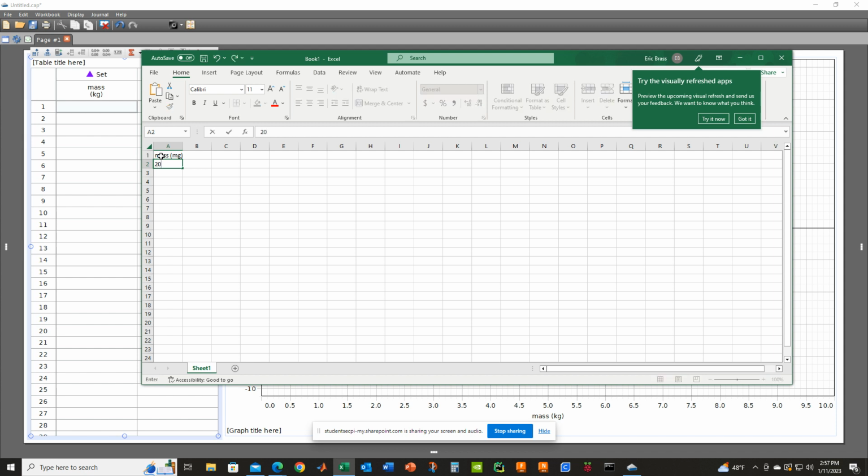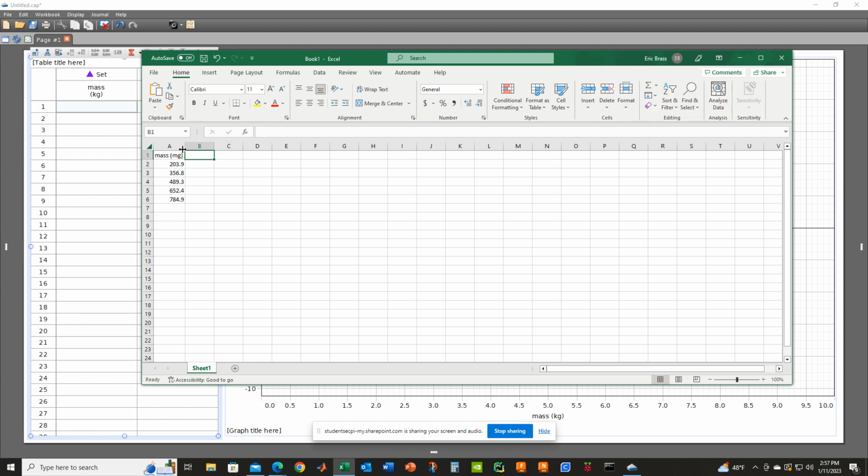My masses are 203.9, then 356.8, then 489.3, then 652.4, and then 784.9.